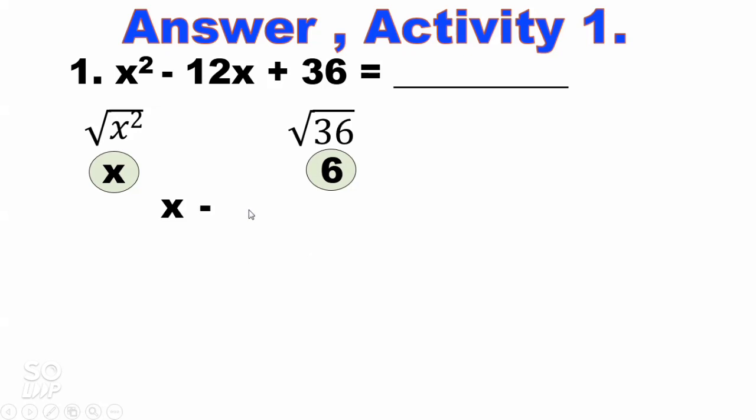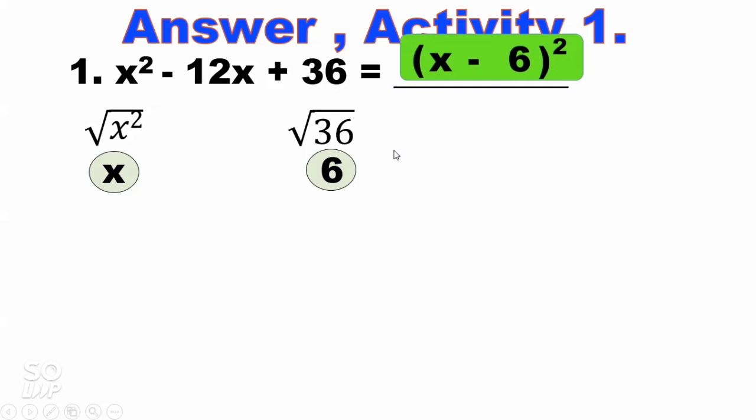Then, now we have x minus 6. Okay, so bakit minus yung nasa middle sign ng x minus 6? Okay, minus yun kasi yung middle term ng trinomial natin is minus. Okay, so then enclose with parenthesis and write a square. So that is now your square of a binomial.